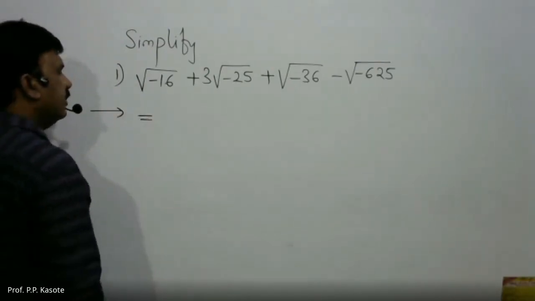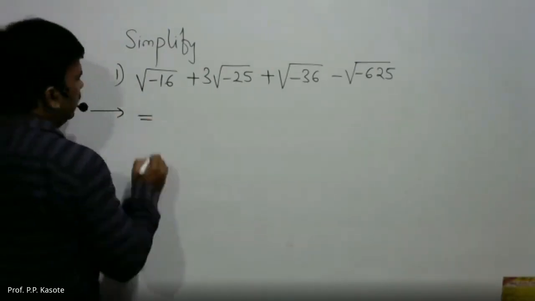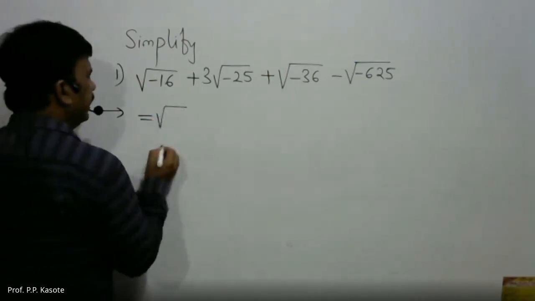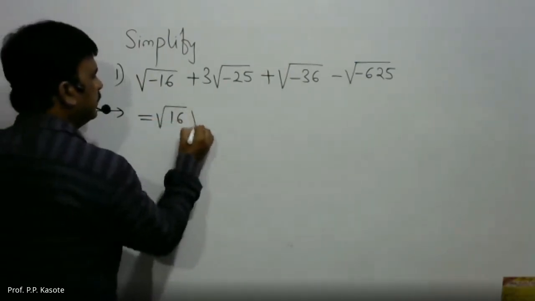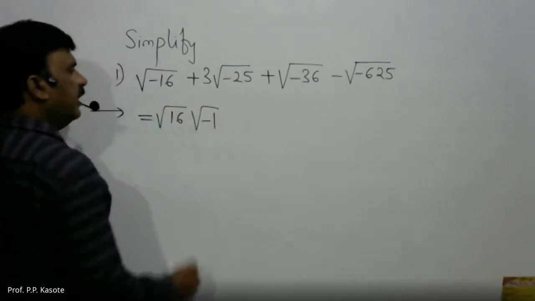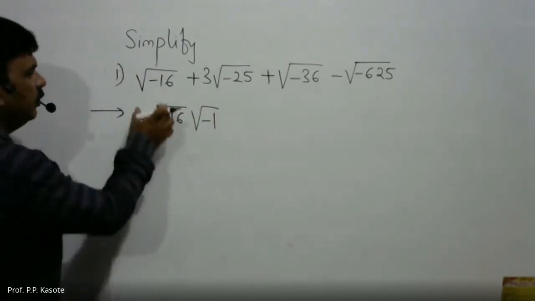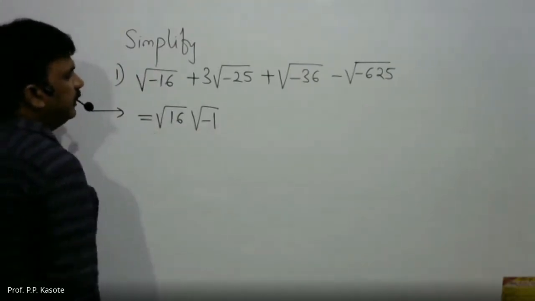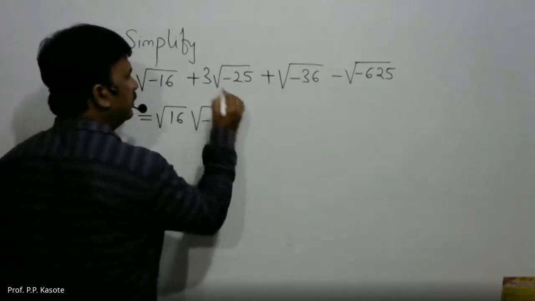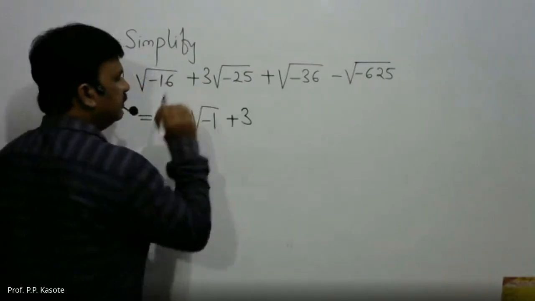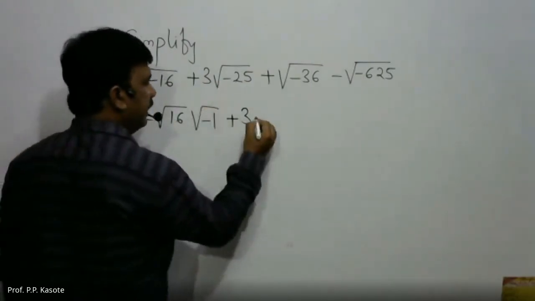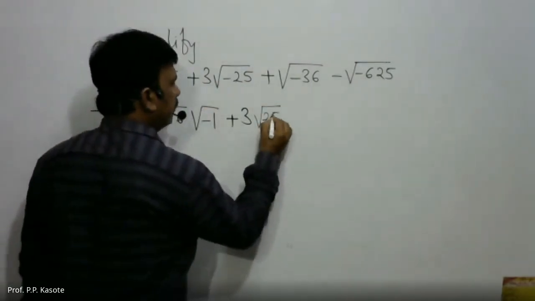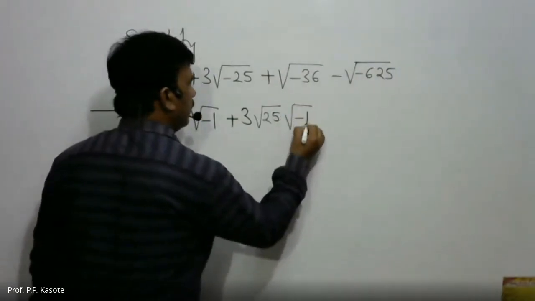We know we cannot find the square root of a negative number, but we can write square root of minus 16 as plus 16 into root minus 1. Can I write it like this? The answer is yes. Root minus 16 can be written as root 16 into root minus 1. Plus, similarly, write this 3 as it is. What is root minus 25? We'll write it as root plus 25 into root minus 1.